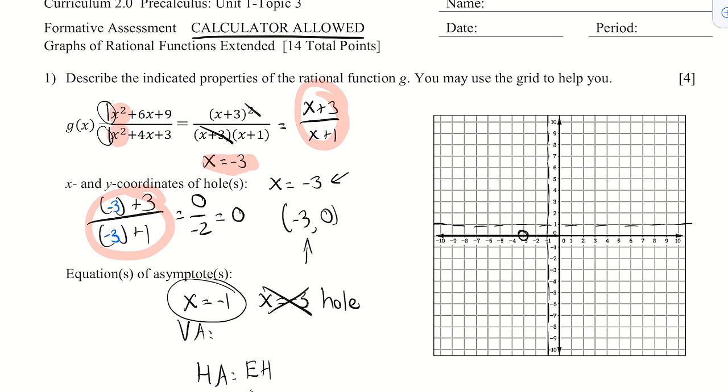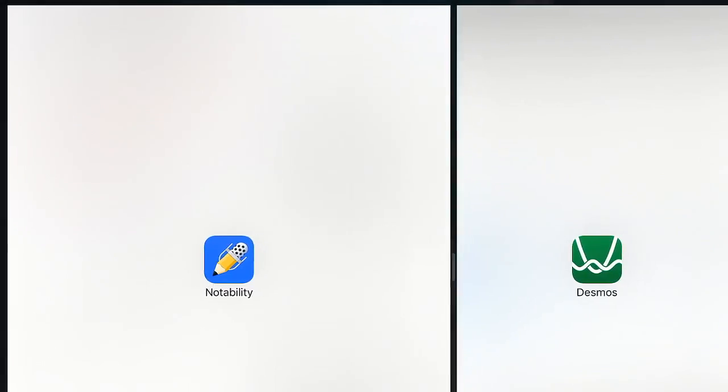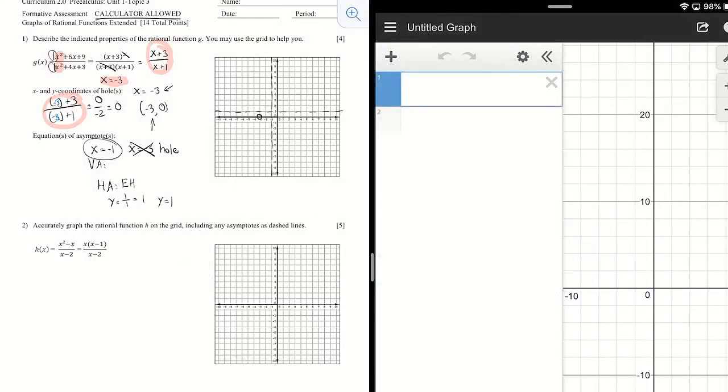So what I'll do here is show you what this graph looks like in a graphing utility. I'll write y equals, division bar, x squared plus 6x plus 9, over x squared plus 4x plus 3.